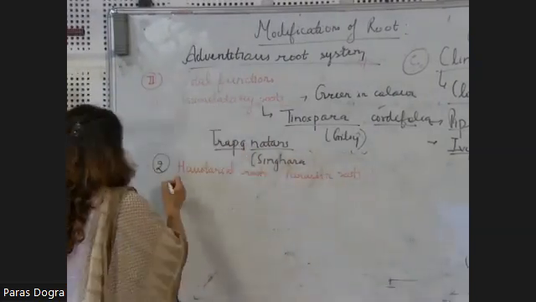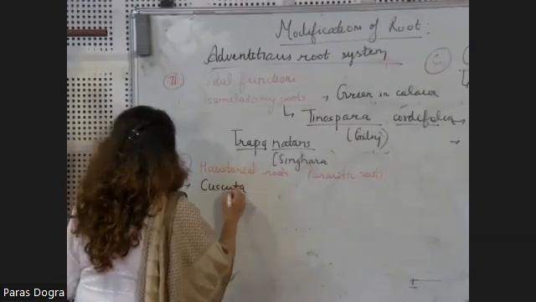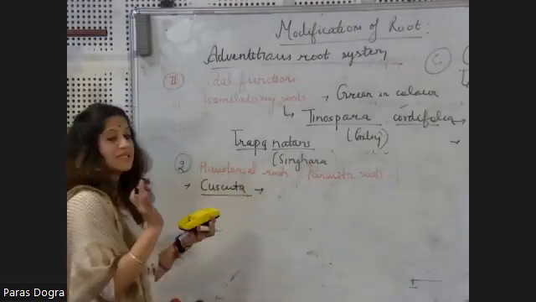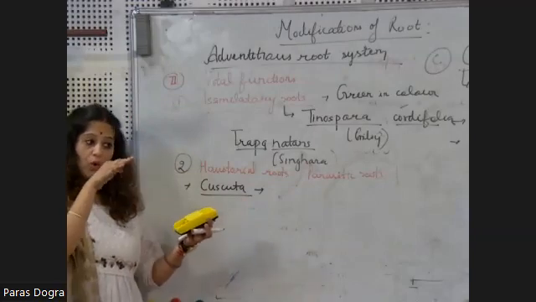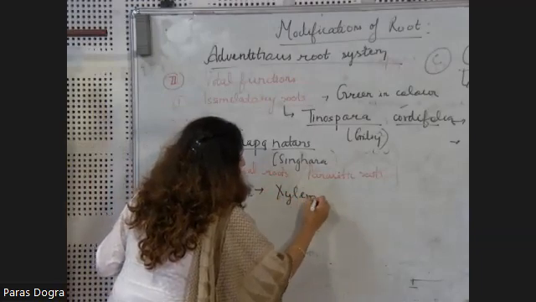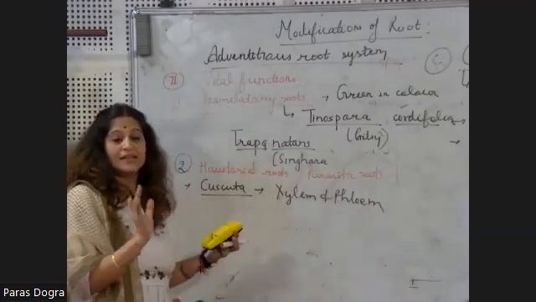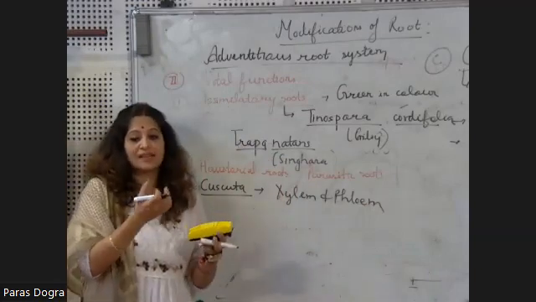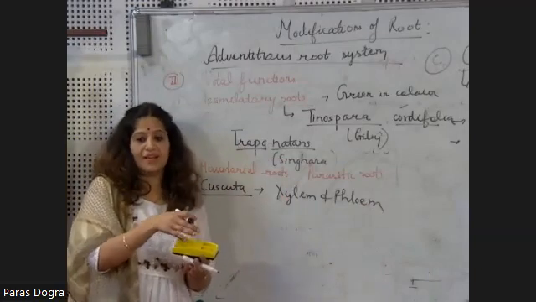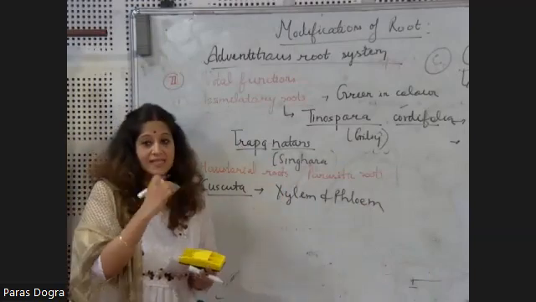For example, in Cuscuta, which is a total parasite, the roots go up to the xylem and phloem of the host plant. Such roots are definitely not green in color. They are not doing their usual function. Rather, they are absorbing food and water from the host plant. Definitely, it is causing some harm to the host plant. That is why they are called parasitic roots.